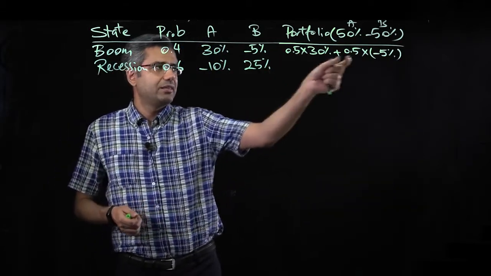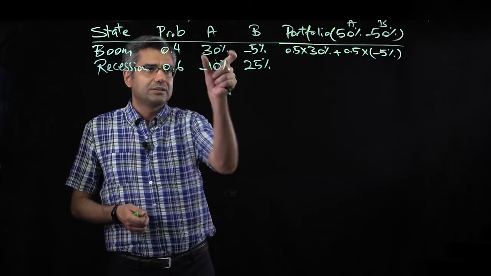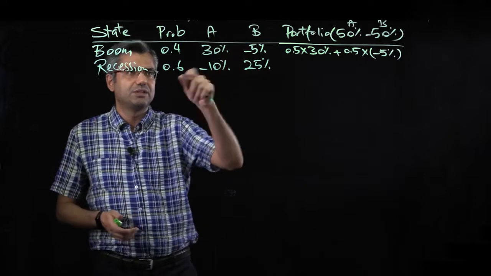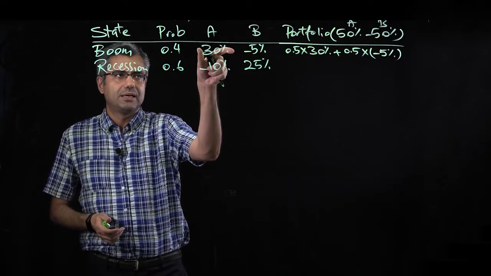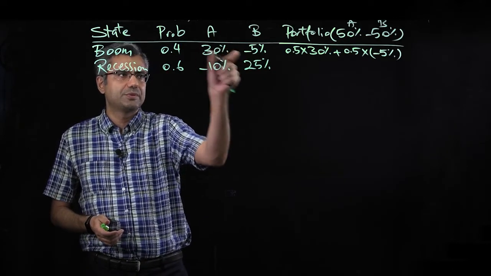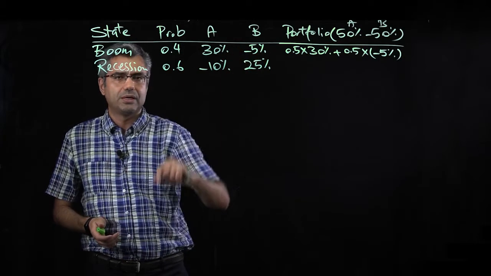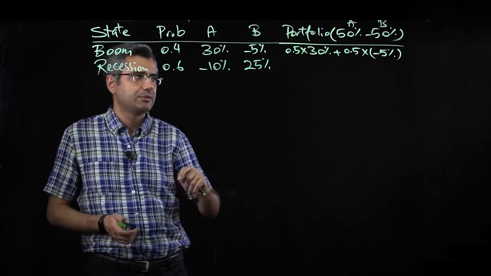This is the weight of A and B. 50% of the portfolio will return 30%, and 50% of the portfolio will have a loss of 5%.